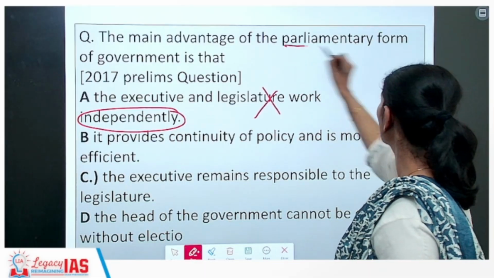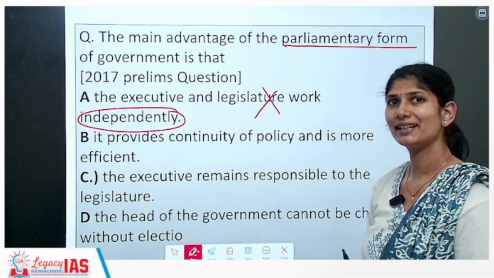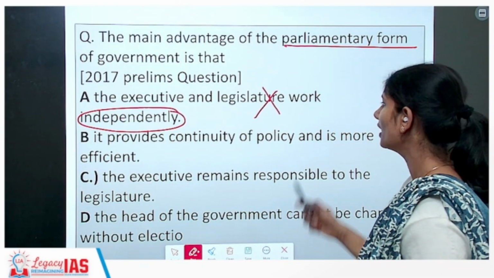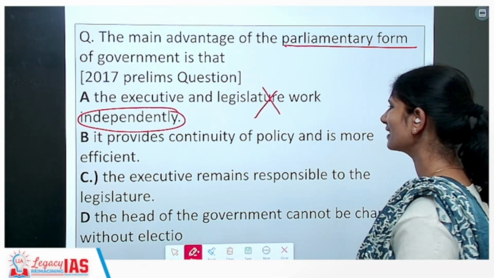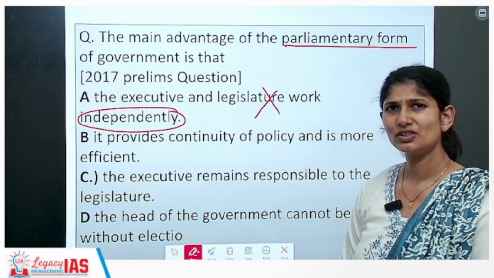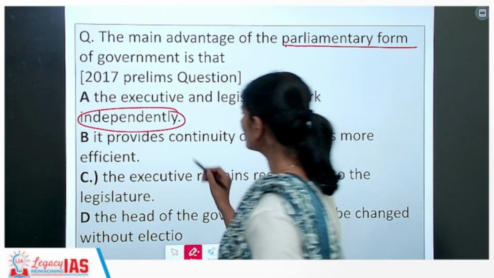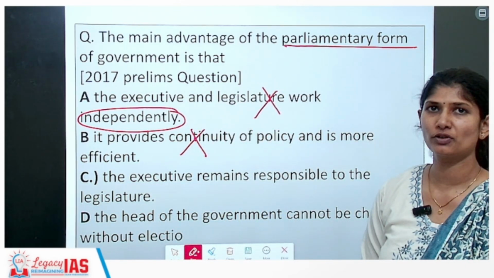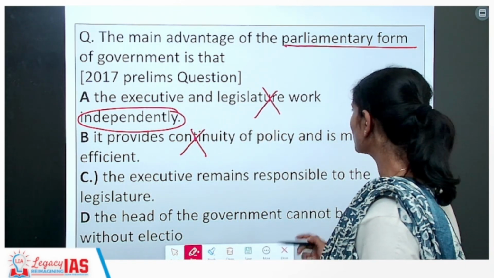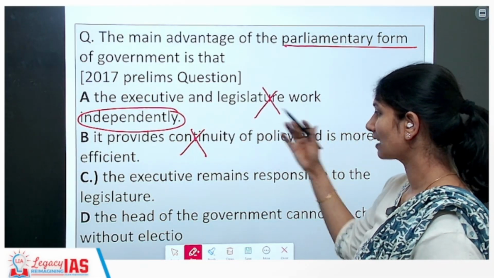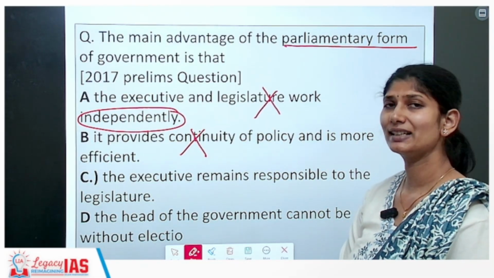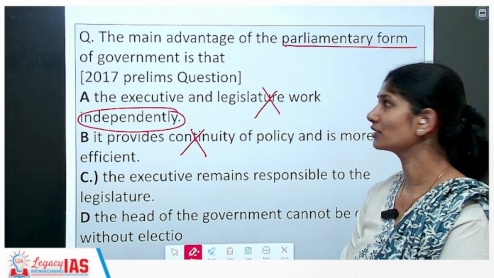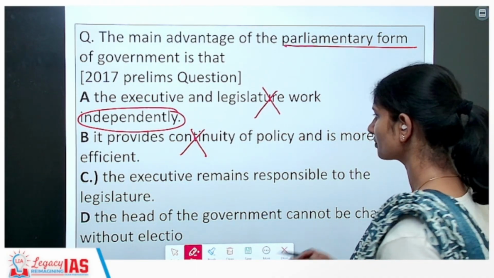The whole point of the parliamentary form of government is collective responsibility, accountability. It provides continuity for policy and is more efficient. This is not necessary, and this is one of the features that we largely see in the presidential form of government. The concept of stability and continuity is largely seen in the presidential form. That doesn't mean it is not there in the parliamentary form, but it is not the core feature.